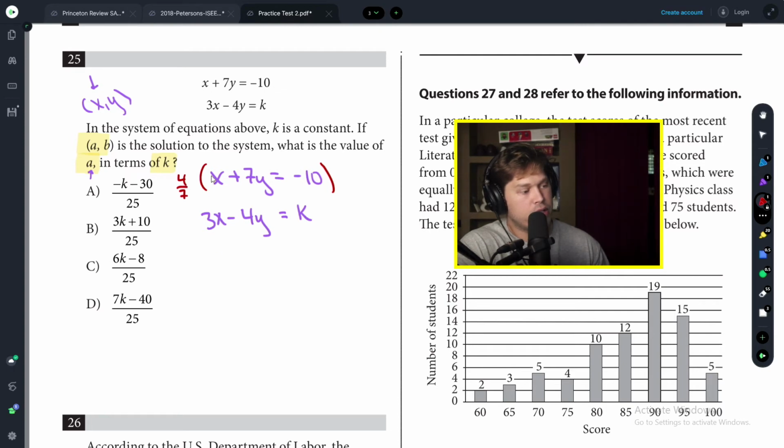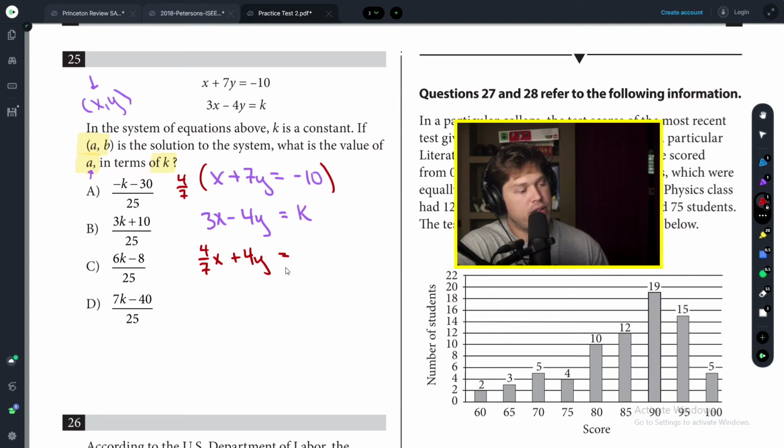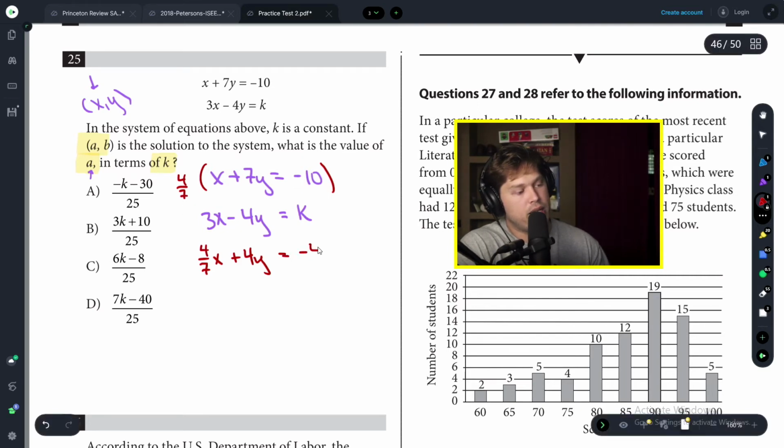Okay, so 4/7 times x is 4/7x. 4/7 times 7y is going to be plus 4y by design. And then negative 10 times 4/7 is going to be negative 40 over 7.